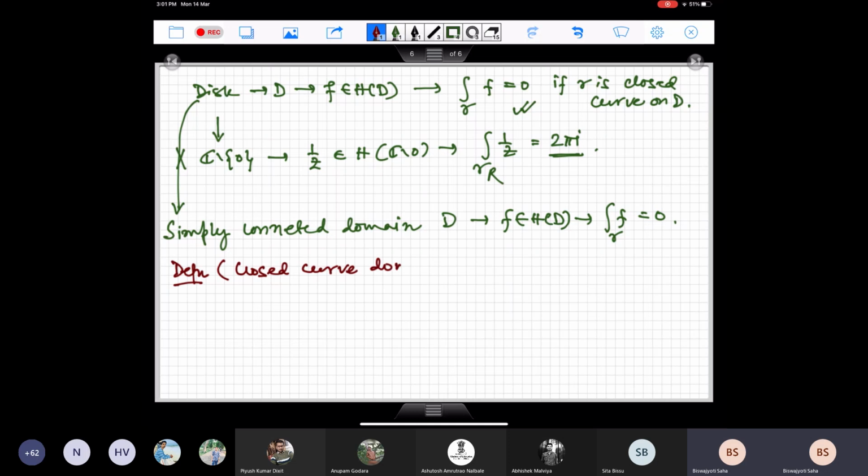So what is a closed curve domain? Let's state what that is. Let D be a domain.